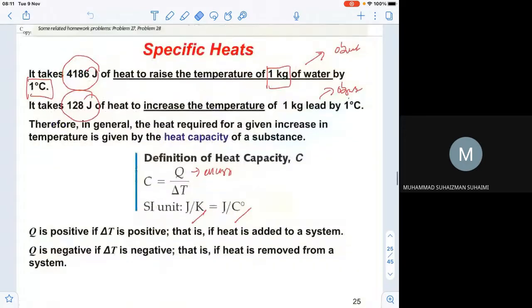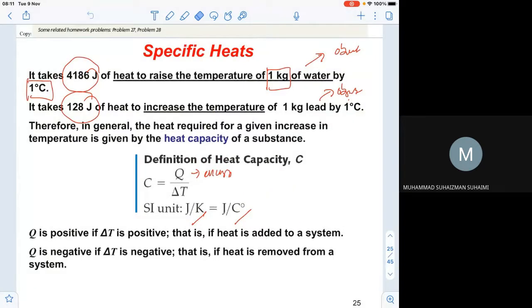Now we come to specific heats. Let me give a little bit of the definitions of specific heat. What is specific heat? First we must know the term heat capacity.